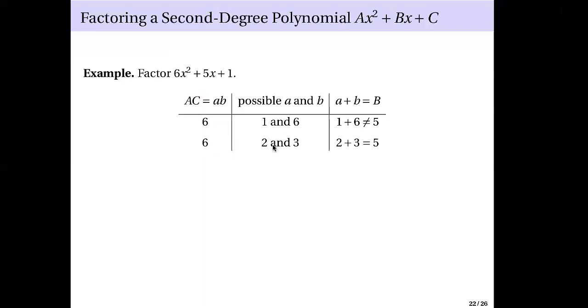Here you have 2 and 3. 2 times 3, that's still 6. But we see now here that 2 plus 3 is equal to 5. So we need these 2 and 3.